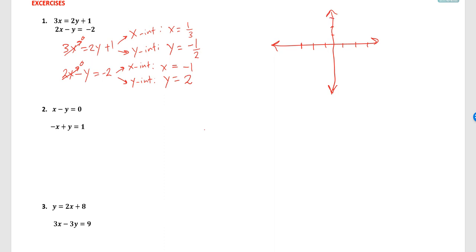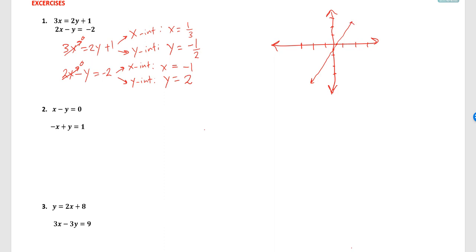So here, 1, 2, minus 3. x is 1/3, so this is somewhere here. y is minus 1/2, which is here. And then these two are connected to give me a long line.